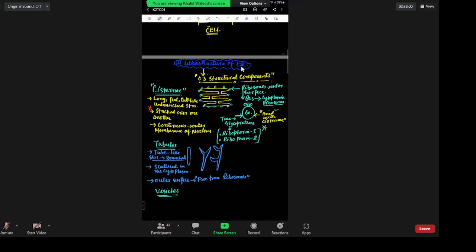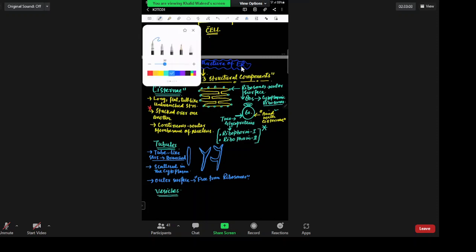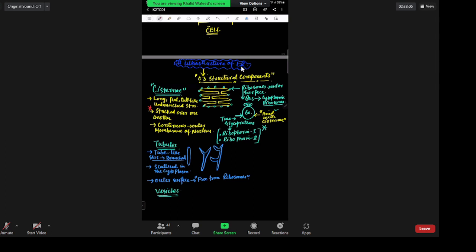I hope it's clear. Vesicles, the third structural components of ER, like this, like this. तो क्या समझ में आ रहा है इस रेड कलर की ड्राइंग से अबाउट वेसिकल्स? नंबर वन, these are small oval or rounded ER elements.